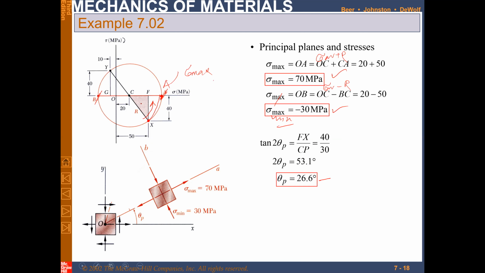So what angle is this? This angle is basically 26.6 degrees. Since it is plus, if you want to draw this segment, you will make it in this way, and you will draw only sigma max and sigma min values, because tau xy in this particular case will be 0.